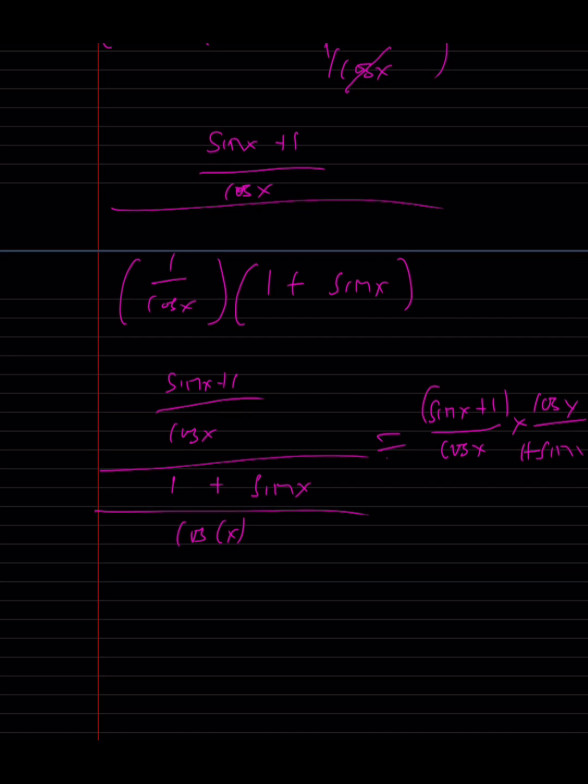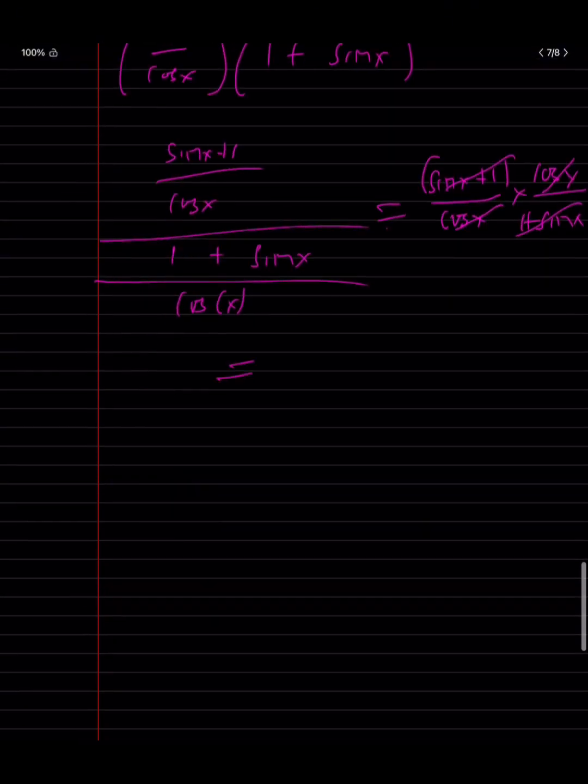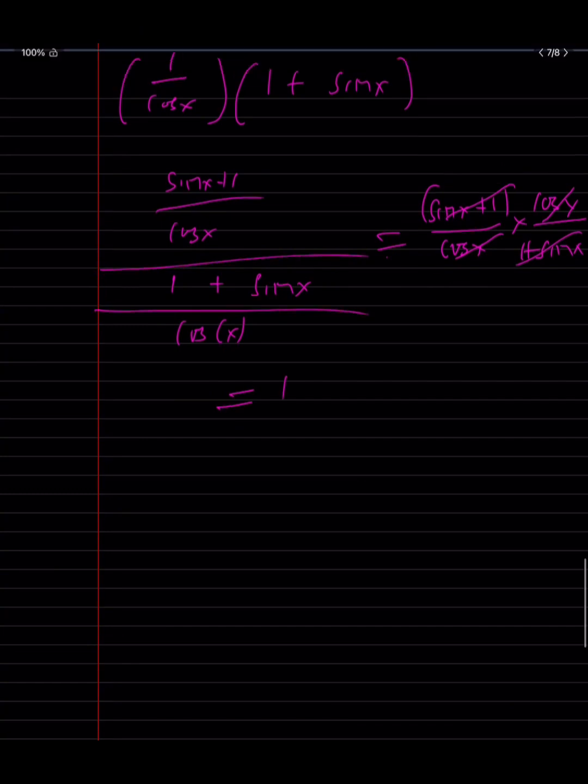Sine x plus 1, or 1 plus sine x, cancels out, and the cos x and cos x also cancel out, and the result is 1, as we wanted earlier.